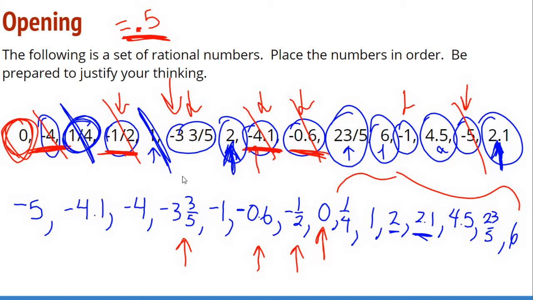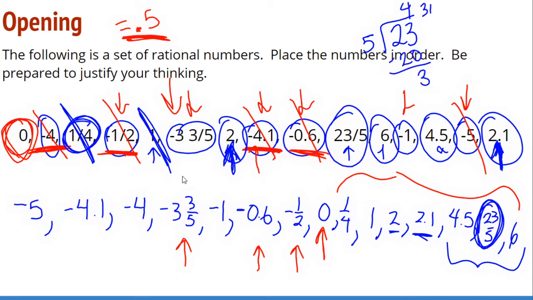That left me with these 3 to look at. And I knew that the 6 was going to be greater than the 4 5/10. But I didn't know where this 23/5 was going to fit. So in my head I had to do a little bit of quick math here. 23/5. And I needed to turn this into a fraction that I could work with.